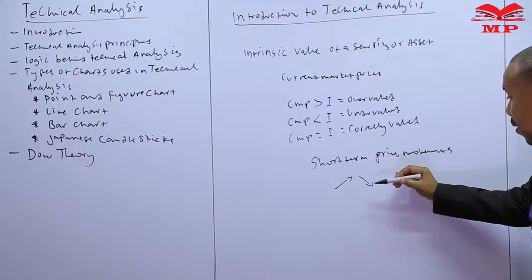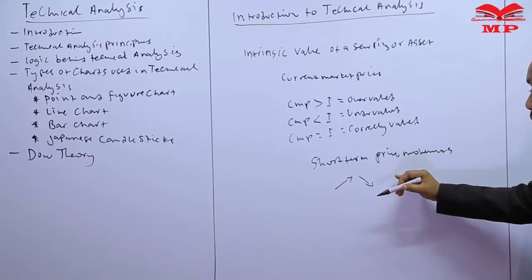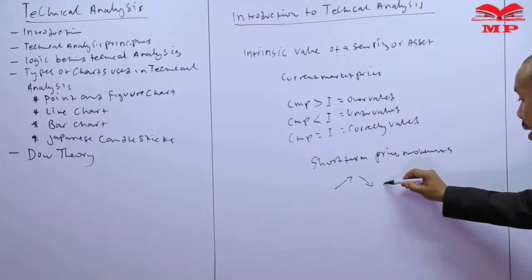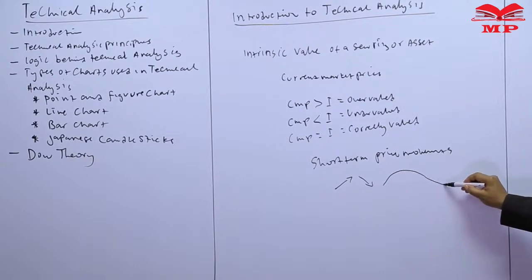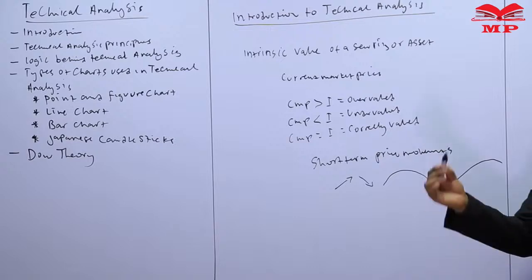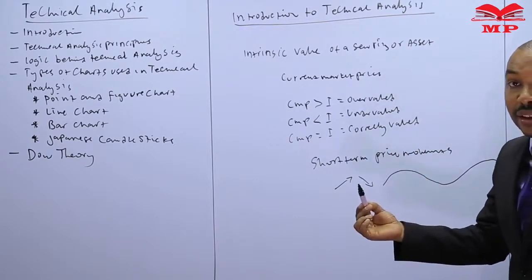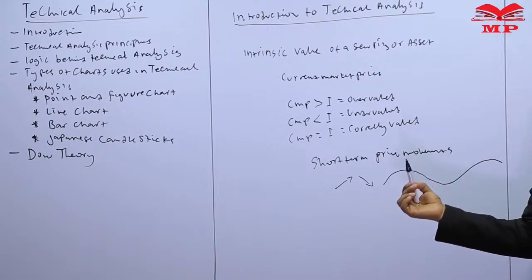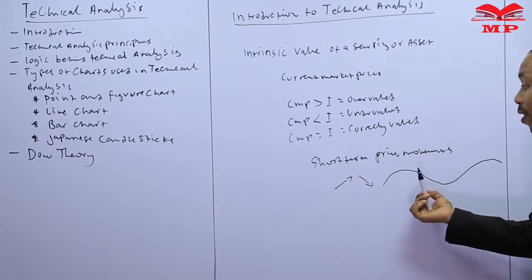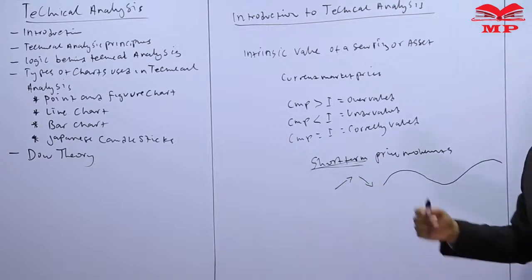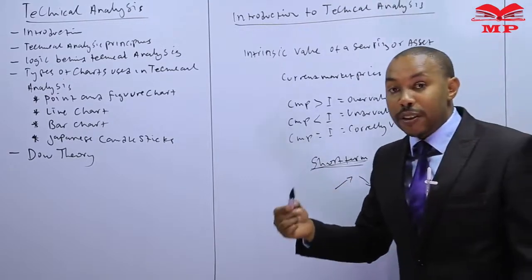What technical analysis does is step in and try to identify cyclical patterns in the price movements of securities or assets. We're trying to identify trends or trend movements. That is what technical analysis does, and it fits in, especially in the short-term period, trying to identify which securities to purchase.